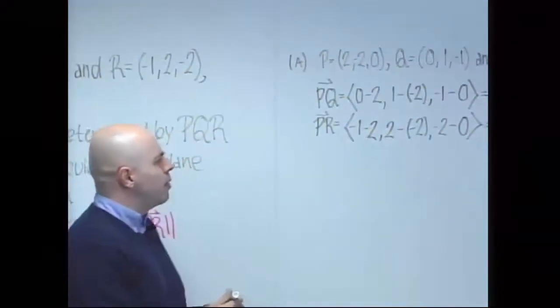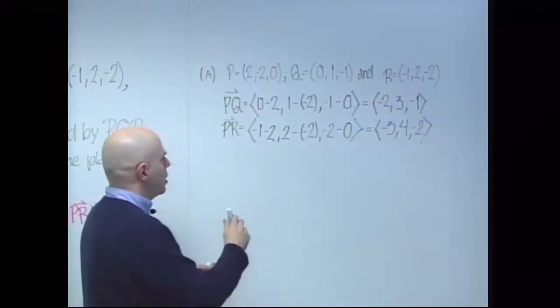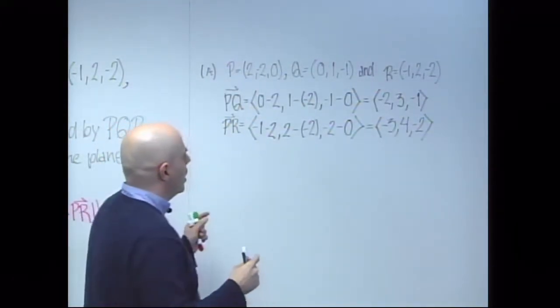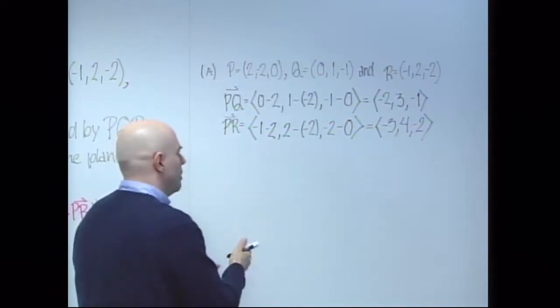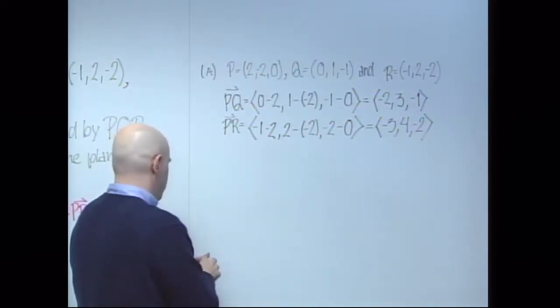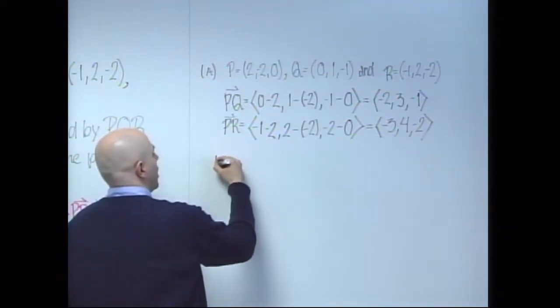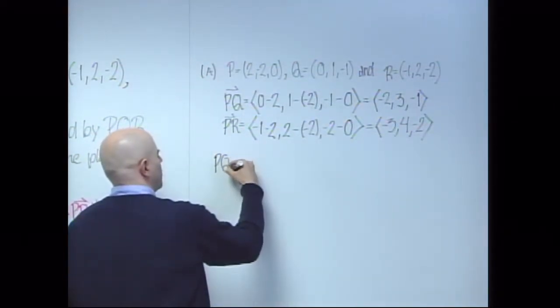Okay, so finally we have our two vectors. So the thing that we're going to do is we're going to compute the cross product between them and then take the magnitude in order to get what we want. So let me start computing the cross product between these two.